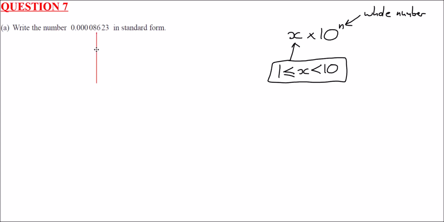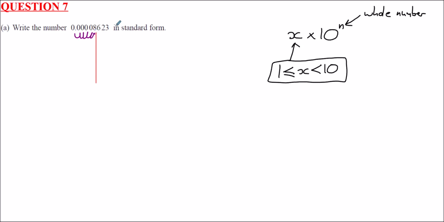That's why I want my decimal in between the 8 and the 6. At the moment, the decimal is actually there. So I want that decimal to move 1, 2, 3, 4, 5 places over.